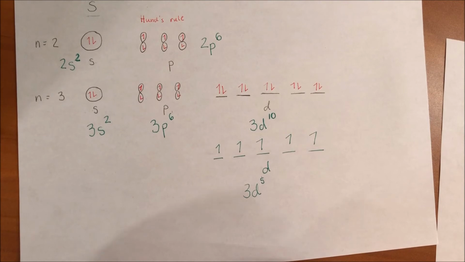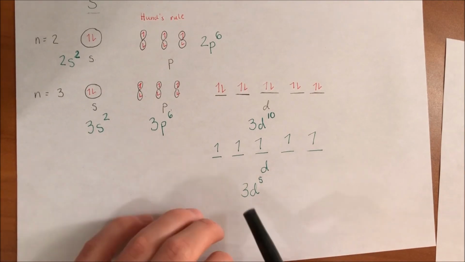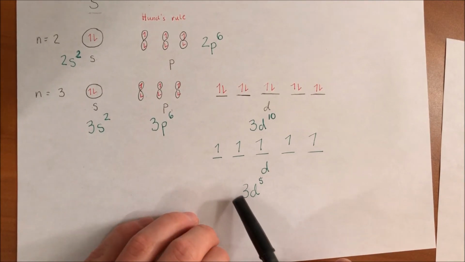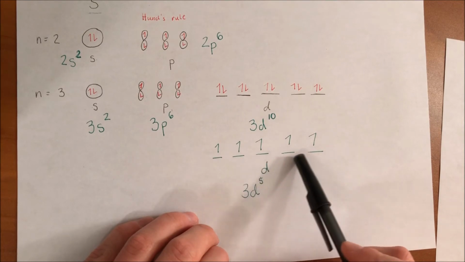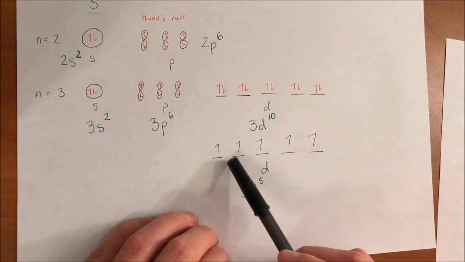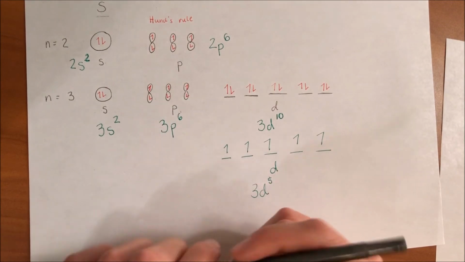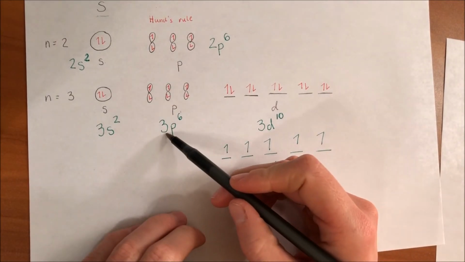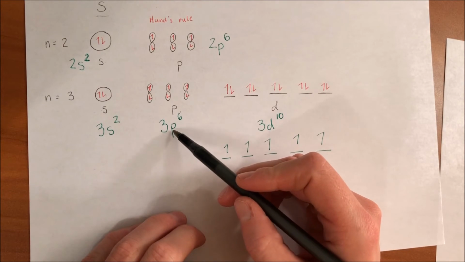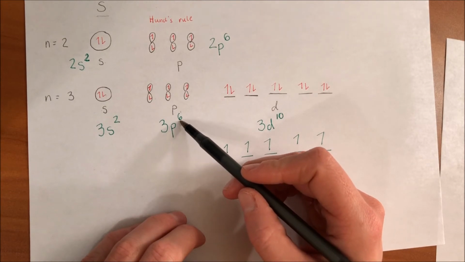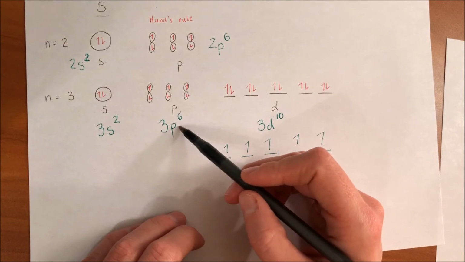So basically what we've been doing so far is taking these subshells within an energy level and filling them with electrons. And the notation we've been writing denotes the energy level, the subshell, and then the number of electrons in that particular subshell.